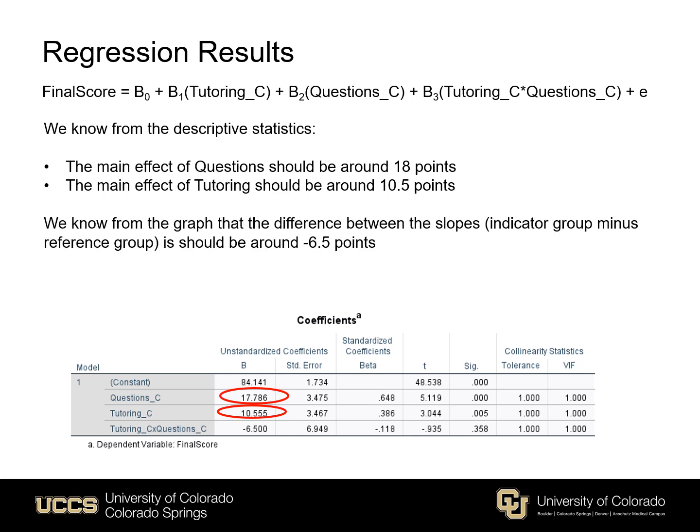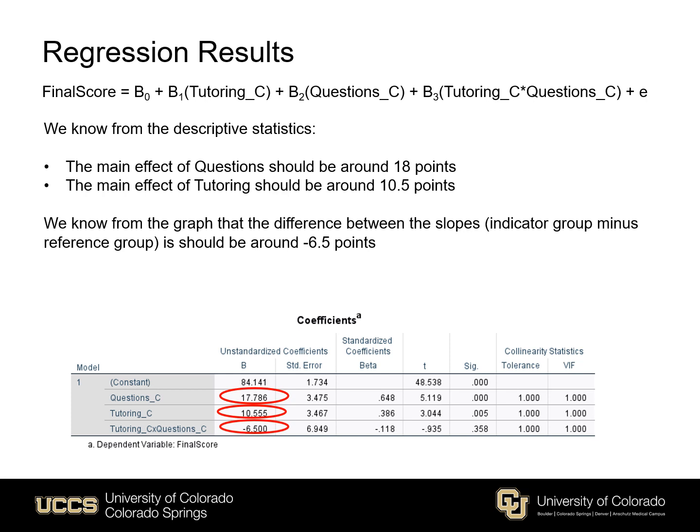And we saw from comparing the slopes of the graphs that the difference between the slopes, when we subtract the indicator group minus the reference group, should be negative 6.5 points. And that is being, again, confirmed in our regression output for B3, which is the interaction effect.